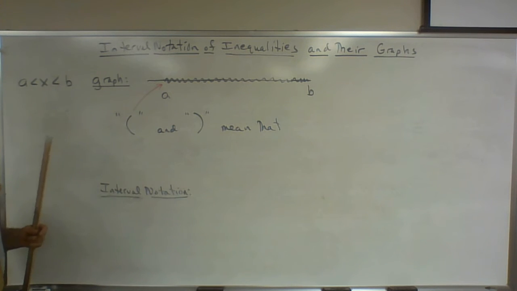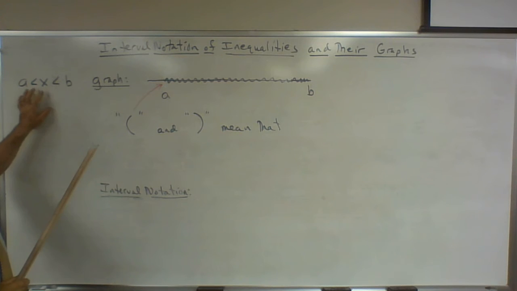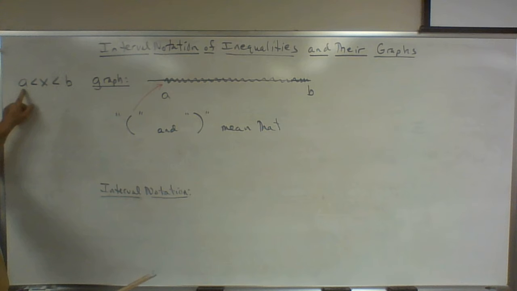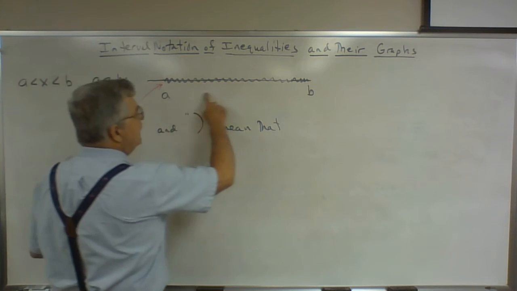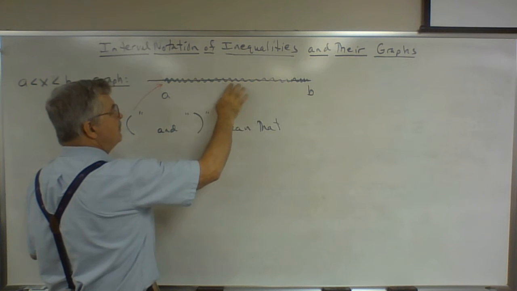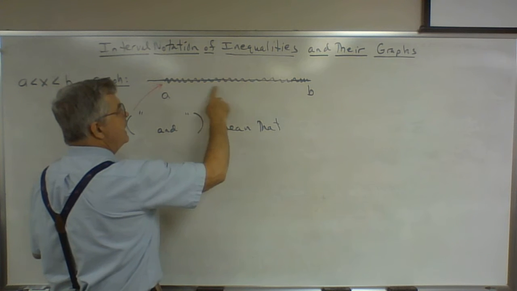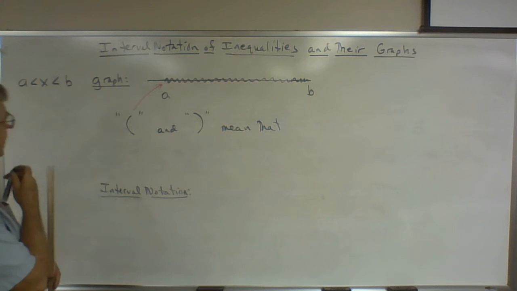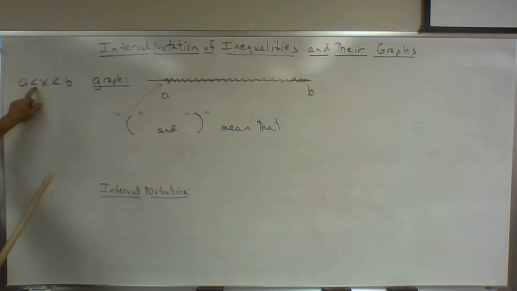So the real numbers that are solutions to both parts of this inequality, x is greater than a and x is less than b, are in this interval between a and b. Any real number in this interval is greater than a, and any real number in this interval is less than b. Now, does it say here that x can be equal to a? It doesn't, does it?